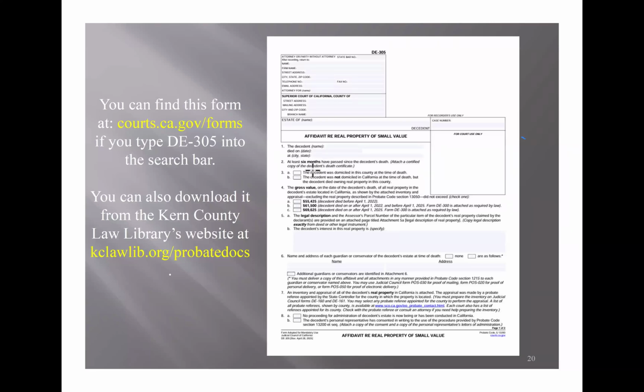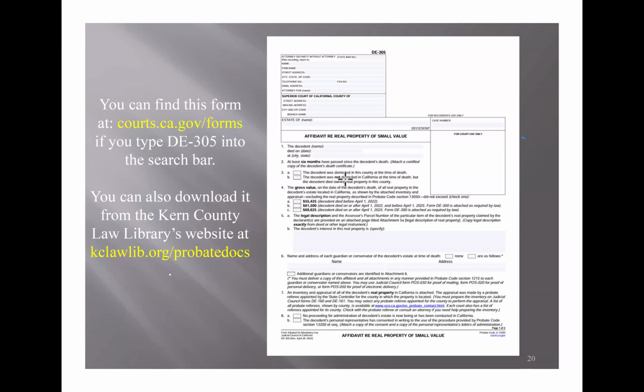If you will recall, I said you have to wait 6 months after death to file this affidavit. You have to show the court how it is that you qualify to use the county that you're in.